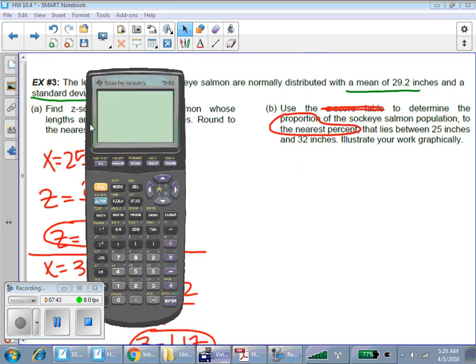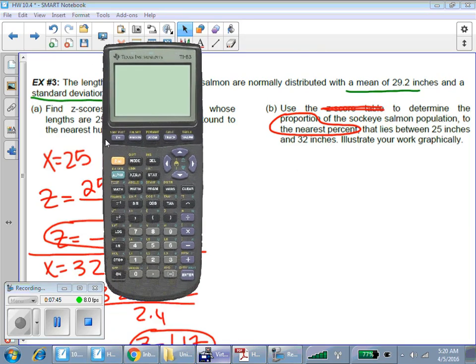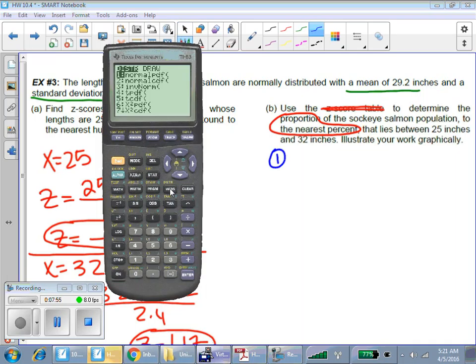Okay, on my calculator I'm going to go to second vars, and that's the distribution button. So the first thing is go to second vars, which is called distribution.